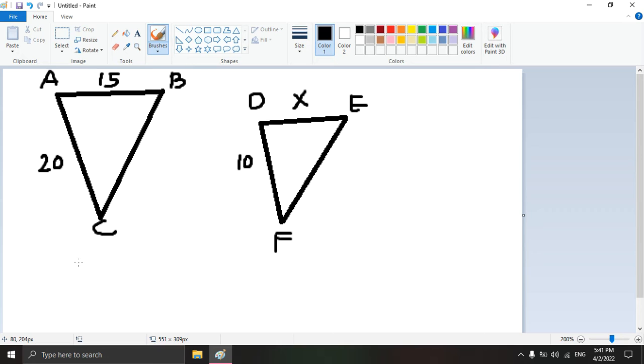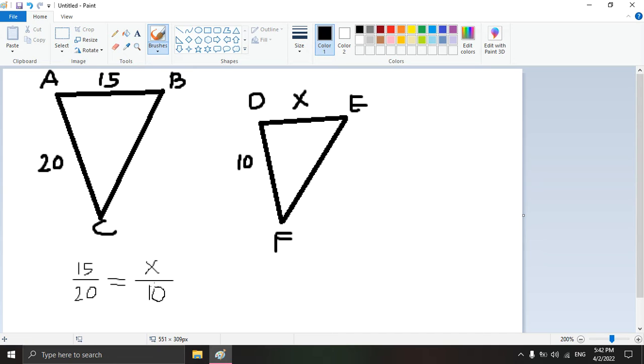So let's have 15 over 20, then equals. First is 15, this part in the first triangle. In the second triangle, you also start here. So we start with X, then over, then below, which is DF, which is 10.